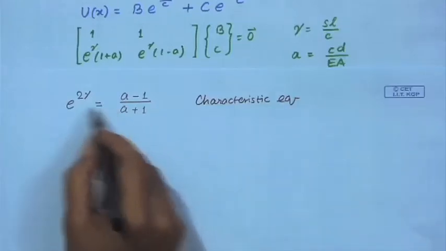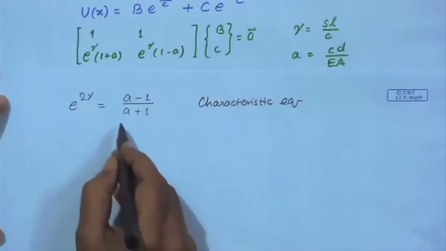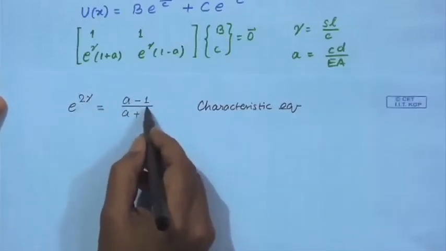And which can be solved for gamma when A is not equal to 1.